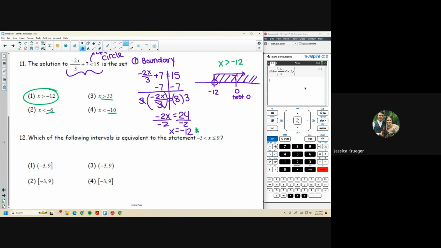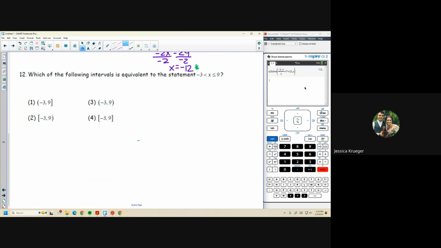Okay. Which of the following intervals is equivalent to this statement? Okay, so x is anything between negative 3 and 9. If you have a greater than or a less than symbol, that means you use an open circle, and it means you use a parenthesis.